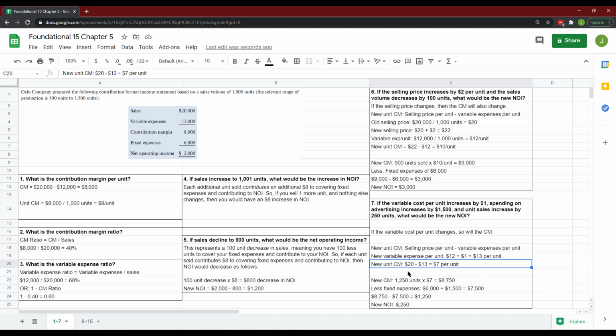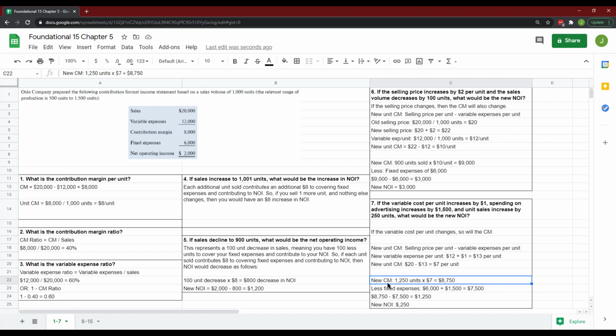So we're going to take the selling price per unit of $20, with the original selling price, minus the new variable expenses per unit, which gives us a contribution margin of $7 per unit. Because we're spending $1 extra per unit on variable expenses, each unit contributes a little bit less to the contribution margin overall. So $7 instead of the original $8.